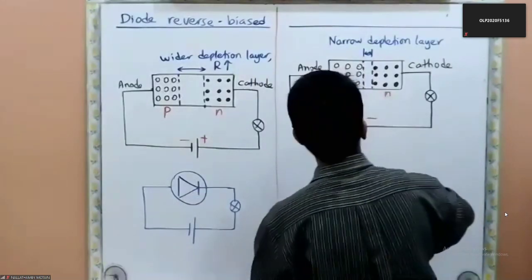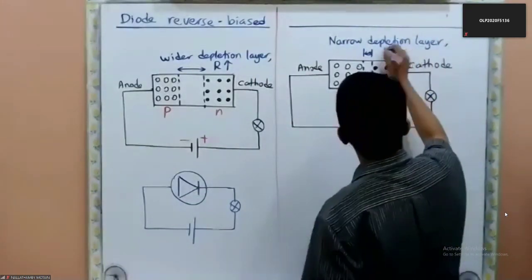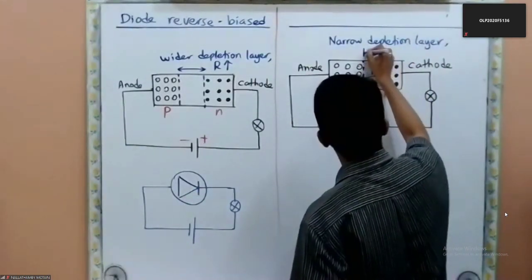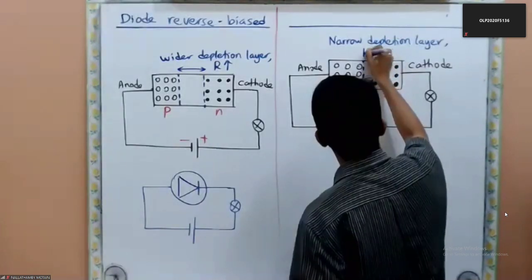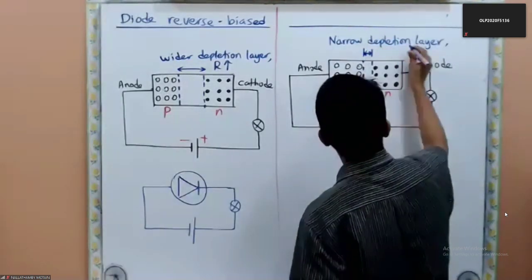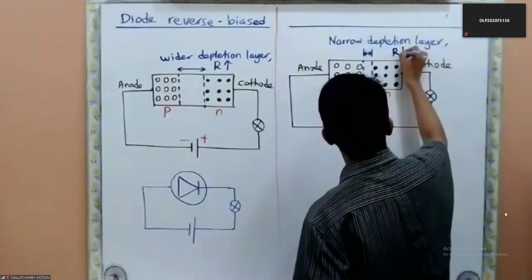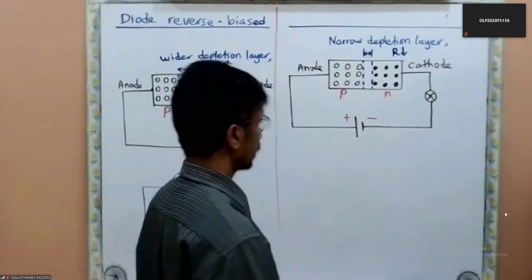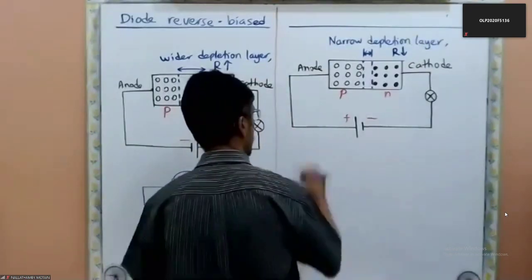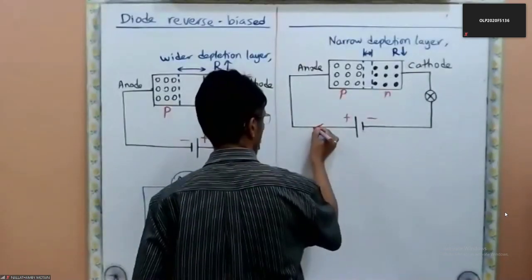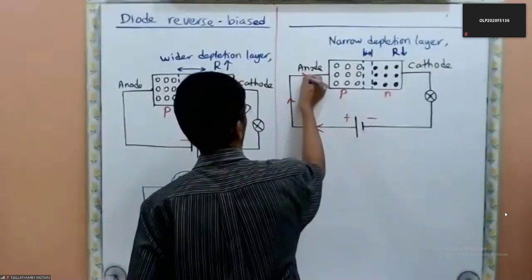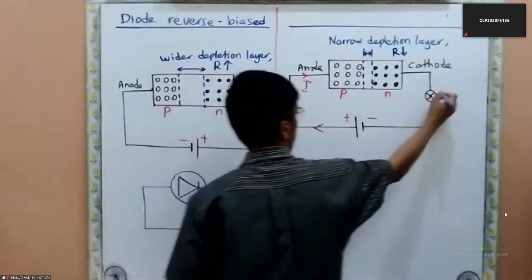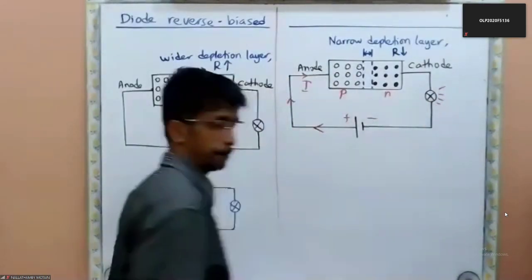So when the depletion layer becomes narrow, what happens? Resistance of the diode becomes very low. When the resistance is very low, what happens? Current will flow. Current flows, bulb lights up.